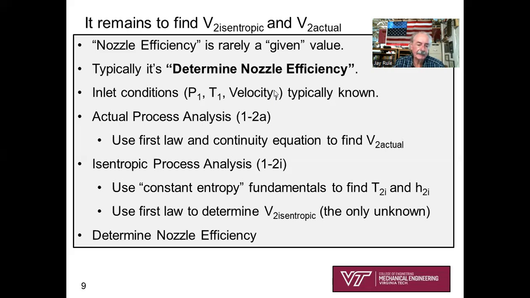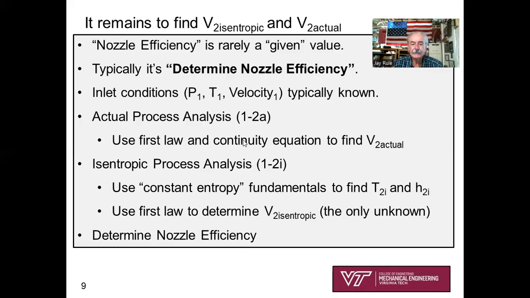Typically the inlet conditions of a nozzle, pressure, temperature, and velocity, are known, or you're able to find them. One thing I didn't put in my notes is you're also typically given P2, the pressure at state 2. So the first thing you'll do is analyze process 1 to 2A if you're given the outlet velocity.